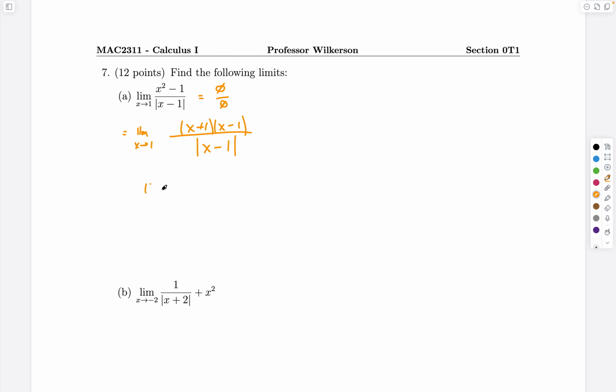So here I'll take the limit as x goes to 1 from the left side. And what we notice is that if I do this from the left side, taking a number approaching 1 from the left would be a number slightly less than 1, something like 0.999 repeated, right? A number that's just a little bit less than 1. If I were to cancel this with this, well, the bottom would have given me a number that's a little bit positive, right?